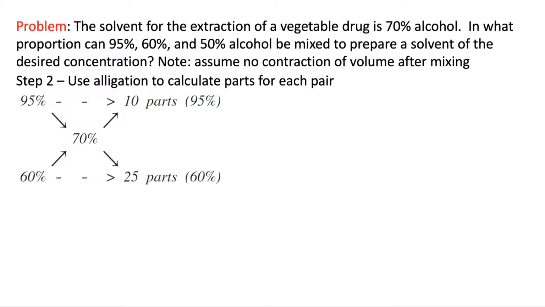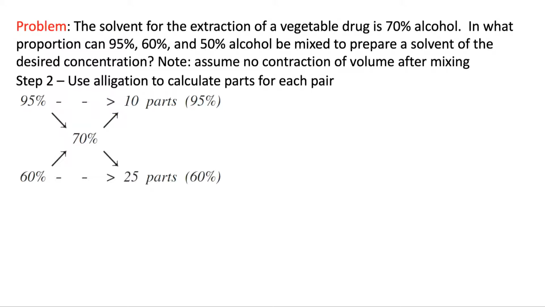So 95 minus 70 equals 25, and that follows down the arrows to the lower right. So we put 25 down there. Then we start again on the lower left with the 60% and go now to the upper right. Following the arrows upwards, we cross-subtract 70 minus 60, with the result of 10 going up to the top right, and we place our value of 10 there.